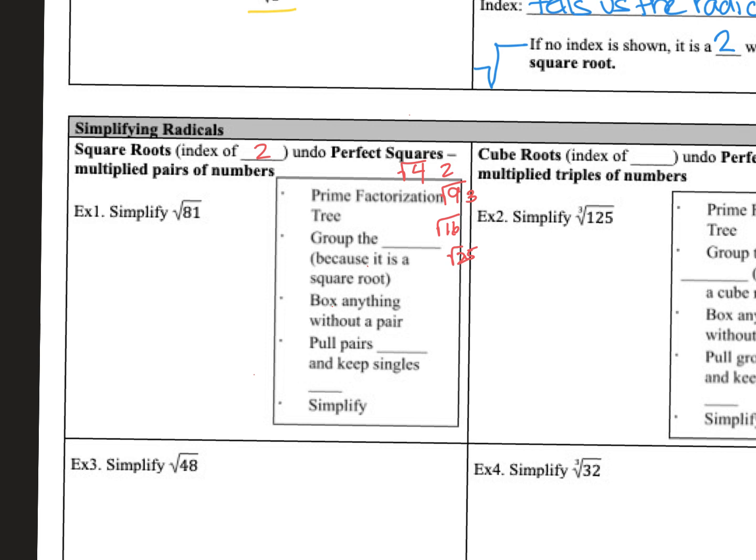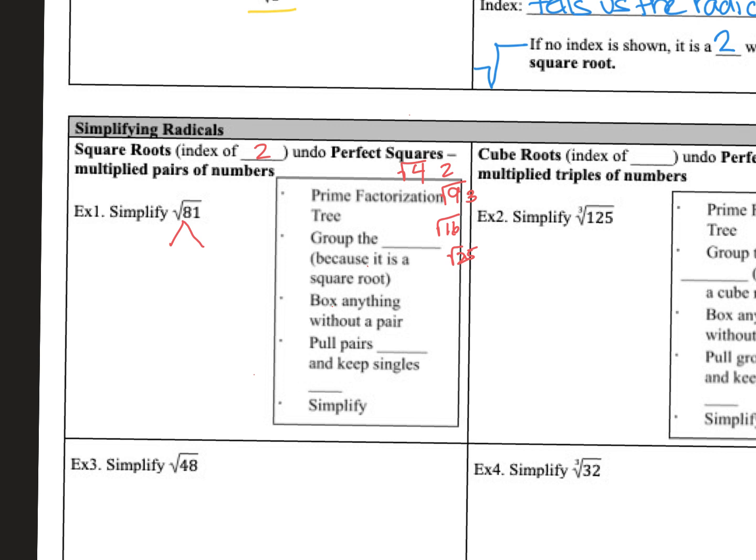So let's look at first simplifying our square root of 81. The first thing we want to do is create a prime factorization tree. So I want to break this down and try to get to where I'm just seeing prime numbers. Let me show you what that looks like.